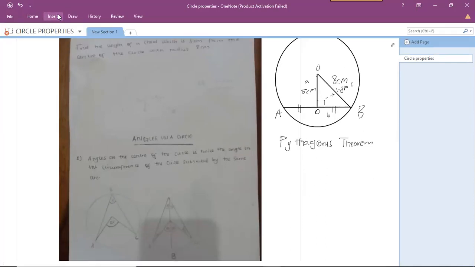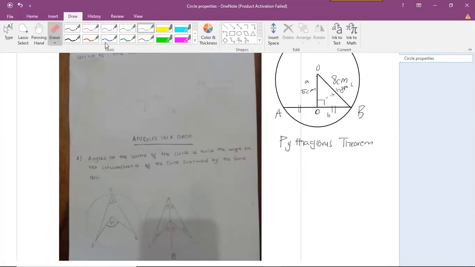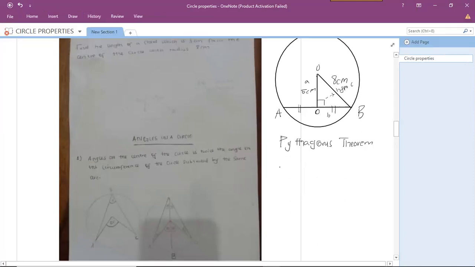Therefore, you state your Pythagoras theorem. You say C squared is equivalent to A squared plus B squared, C squared being the hypotenuse. The hypotenuse is 8 centimeters. So where there is a C, we're going to put 8 centimeters, but we use brackets as usual because the formula has these squares.